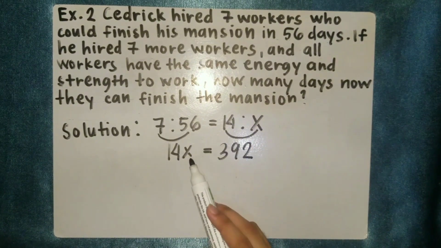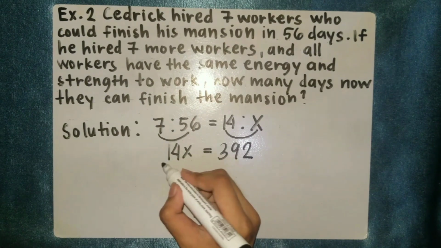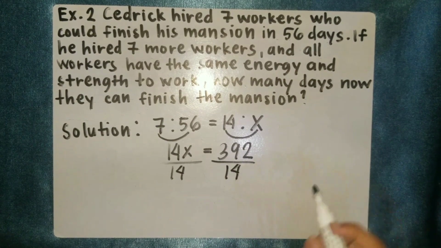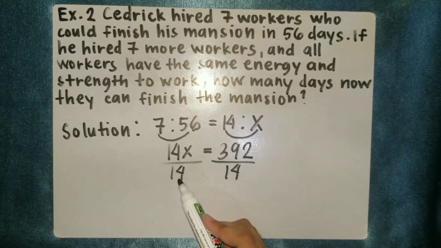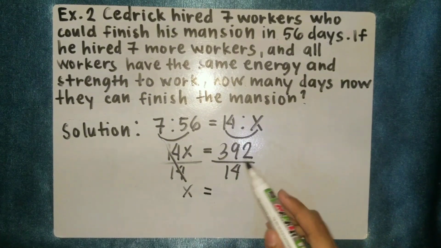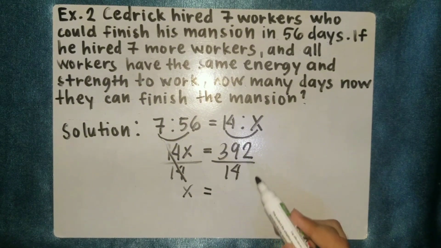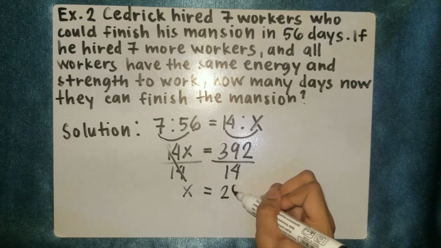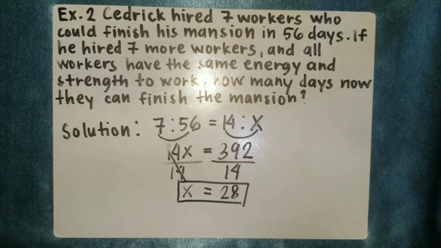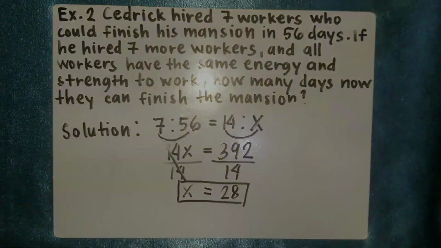To solve for x, we will divide 14 by both sides. 14x divided by 14, x na lang yung matitira dahil makakancel sila. Then 392 divided by 14 equal 28. In conclusion, they can now finish the mansion within 28 days if they have 14 workers.